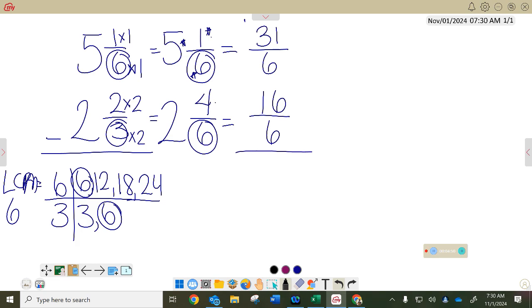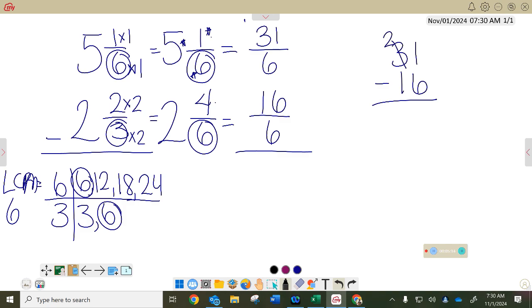Now, if you see, we can subtract 16 from 31. I can come over to my scratch paper in case I struggle with that. 31 minus 16. Okay, I cannot subtract 6 from 1, but I can regroup that 3 because I have it in there. Change that to a 2.